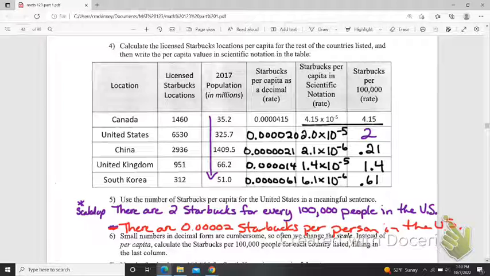Now we're looking at 5 decimal places and comparing per 100,000.